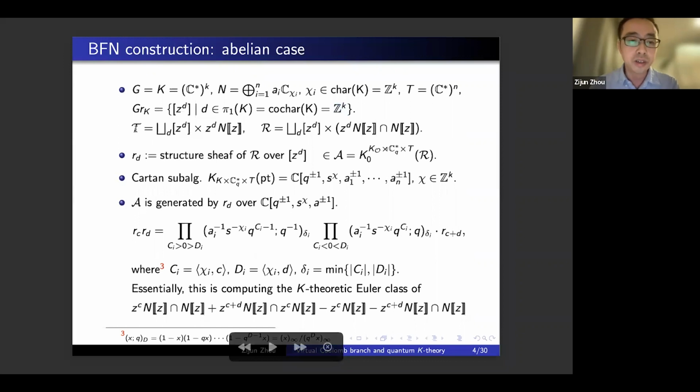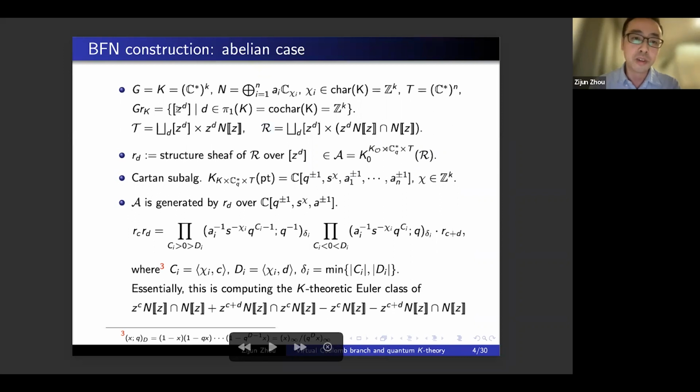And the moduli space of triples T and R admits a very explicit presentation like these. And what's special about the space R is that it's also smooth over the affine Grassmannian, just like T. And this is not true for the non-abelian case.